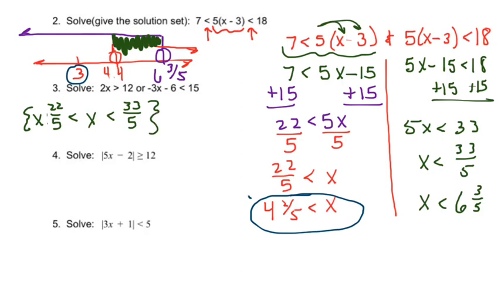Now graphically, we would go back up here and we'd erase that. We'd erase this, and we would give it the most simplified graph we can give and say it's all of the numbers between there. And ideally, we'd just shade on the number line like this and say it's all of that stuff in there. So that is problem number 2.